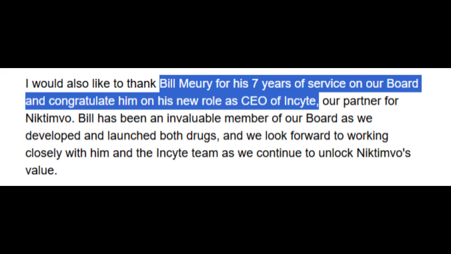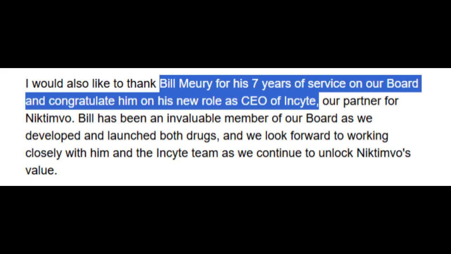The reason why I say that is because not only are they partners, but also Syndax has a special connection to Insight, because if Insight really believes in Niktimvo, they don't want to have to share that 50%. They want the whole thing. So if they buy out Syndax, then that question kind of answers itself.